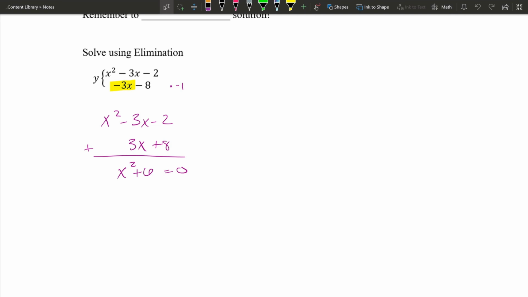All right, same difference. Why can I essentially stop here? I could keep going, and I could get an answer. But I can stop here. I'm going to use my number sense. What's the square root of negative 6?